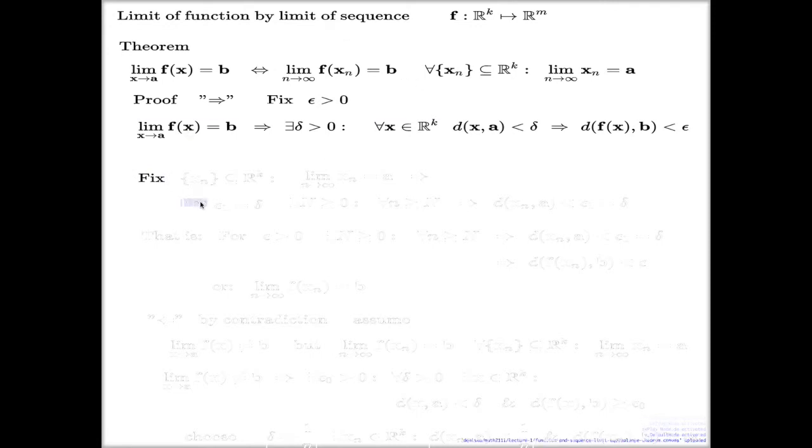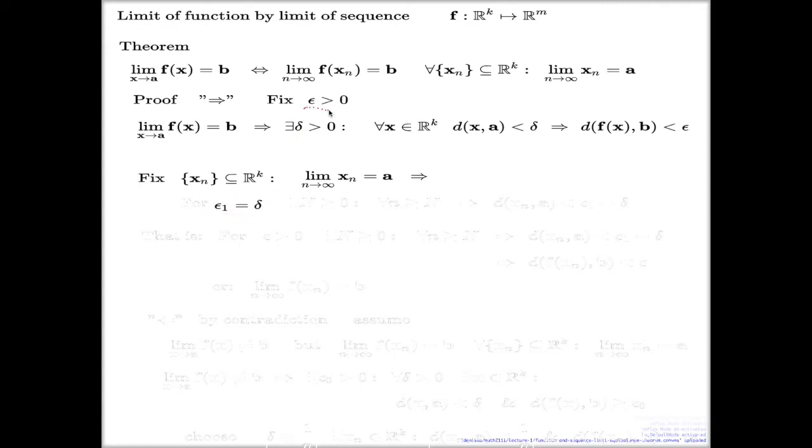Now, I fix a sequence, xn, like this. So I fix a sequence which converges to A. And now I do the expansion for the definition of this limit. What does it say? It says for every possible epsilon there is something, but on this occasion I choose a particular epsilon, and I added the index 1 to distinguish it from this epsilon.